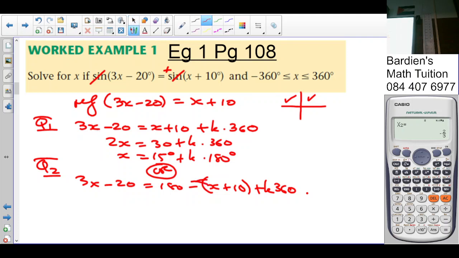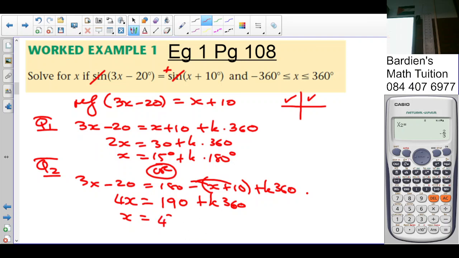So we multiply this in, we get negative x, we bring it over, becomes 4x. 180 minus 10 is 170. 170 plus 20 is 190, plus k times 360, divided by 4. So x is equal to what? What's 190 divided by 4? 47,5.